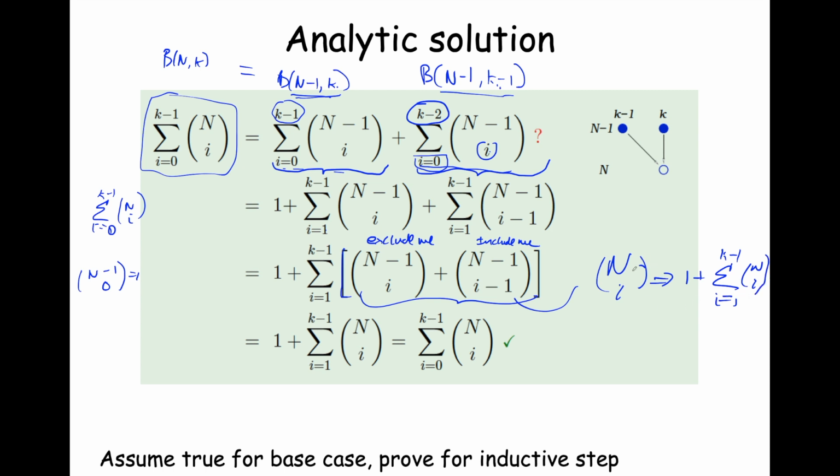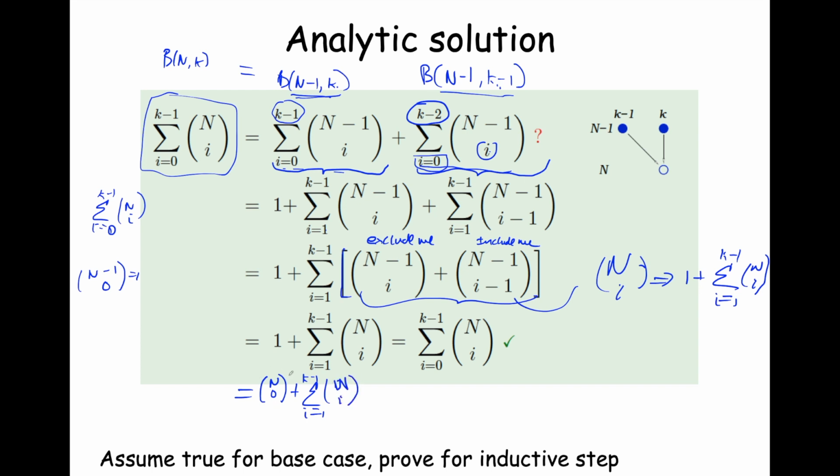Now, of course, we take a look at this 1, and we note that this 1 is the same as saying n choose 0. So we can write n choose 0 plus the summation i goes from 1 to k minus 1 of n choose i.